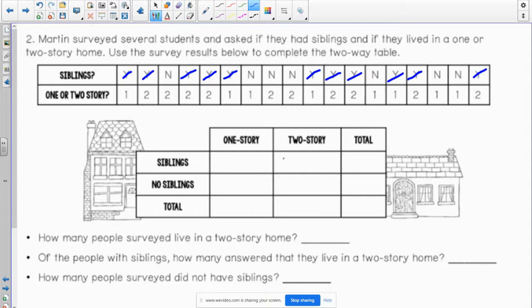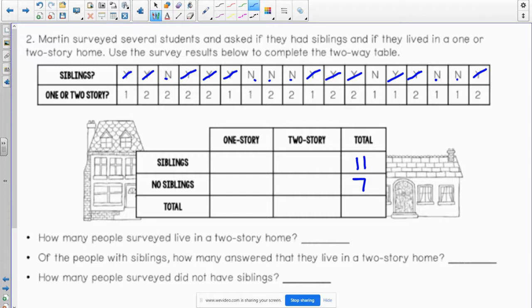So the key here, though, that is a total. So I have 11 that said yes, and I'll check the no. 1, 2, 3, 4, 5, 6, 7. So 7 people have no sibling. Notice I'm going all the way to the total because I'm not doing 2 data. I'm just doing 1 total data point.